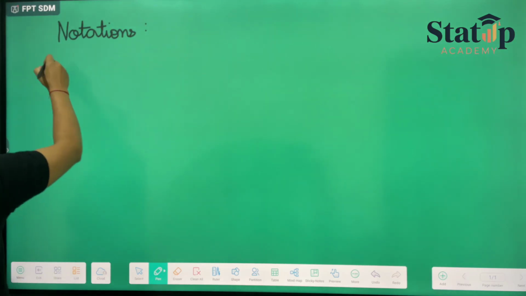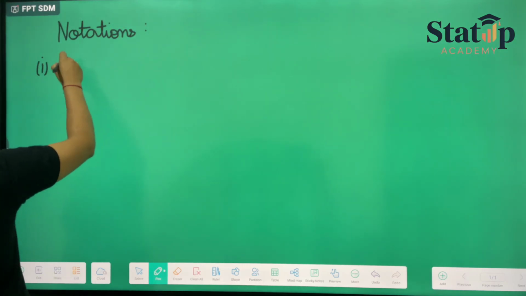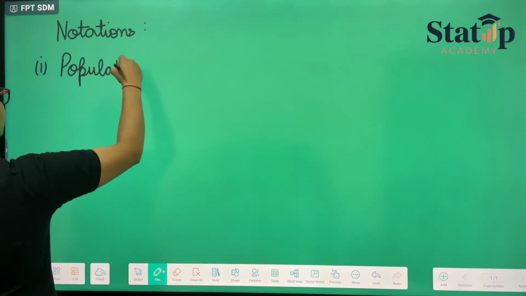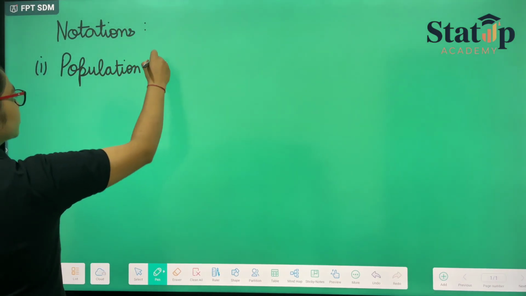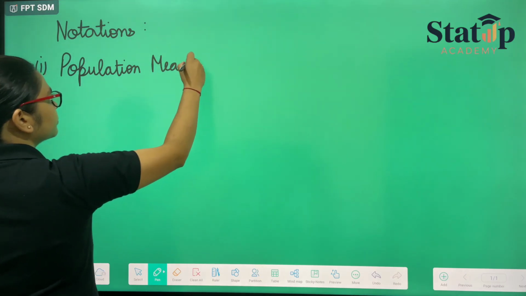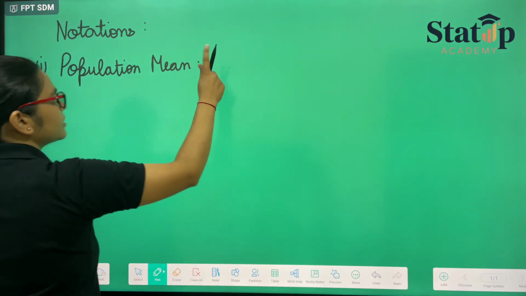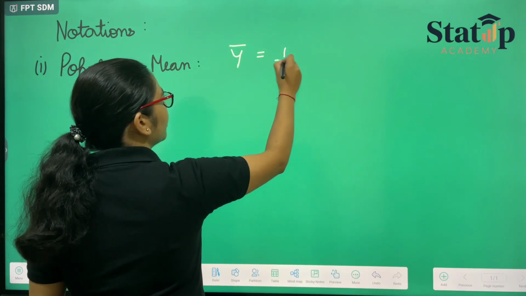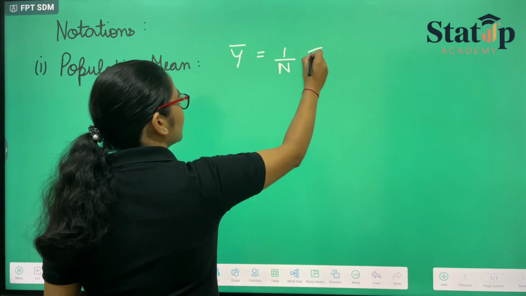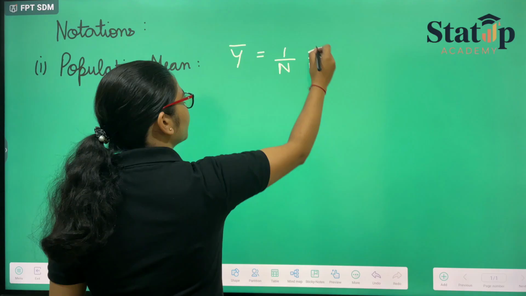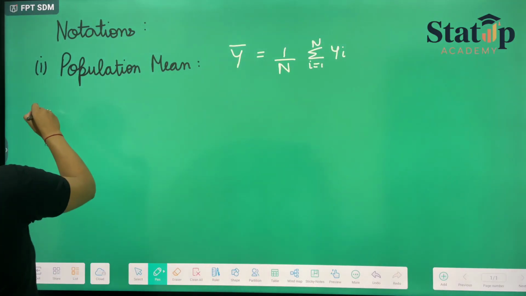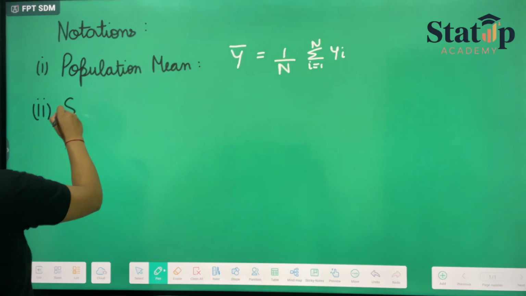So the first notation is population mean. It is given by capital Y bar, which is nothing but 1 upon capital N, summation i goes from 1 to capital N, y i. Then the second one is sample mean.